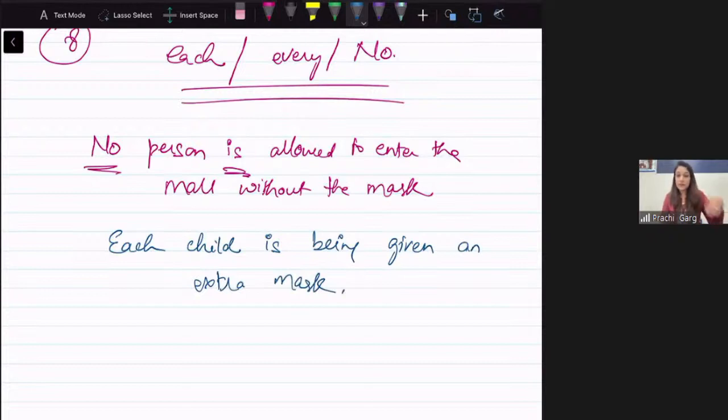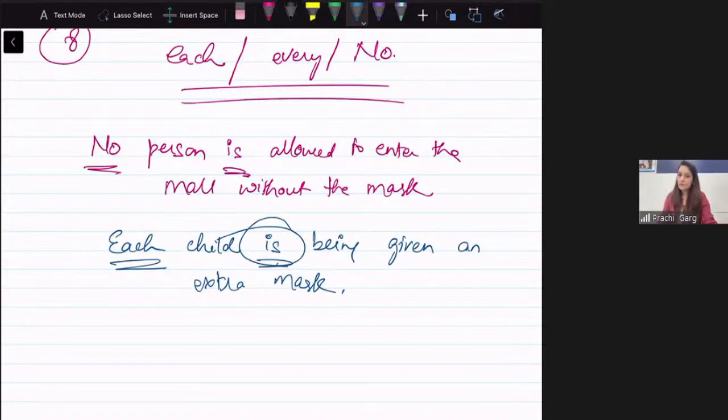I'm talking about every child getting the mask, but since I have added each here, I am going to use the singular verb again. Clear, guys? So it's a golden rule. Whenever there is each, every, no before any subject, we use a singular verb.